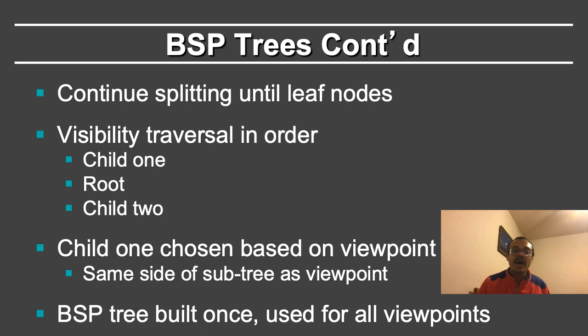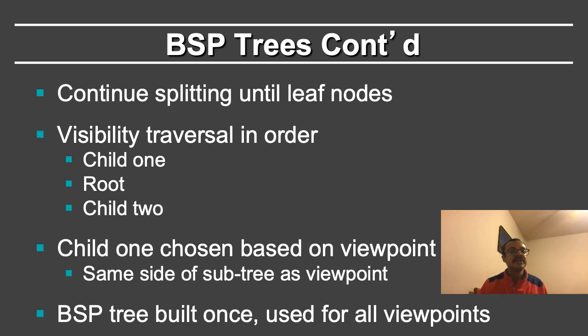Which is child 1 versus child 2 is chosen based on viewpoint. Essentially, with respect to the root node of the splitting plane, child 1 is on the same side as the viewpoint, and child 2 is on the other side. So you can think about this in a simple and intuitive way: you first intersect the geometry that lies on the same side as the camera.